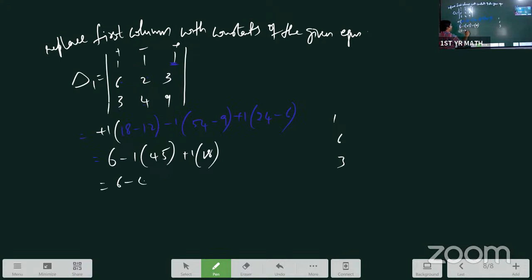That is 6 minus 45 plus 18. 18 plus 6 is 24, so 24 minus 45.